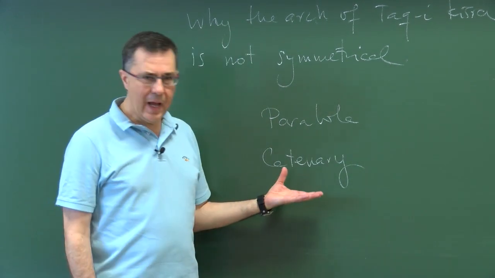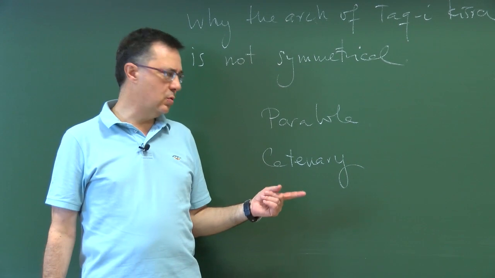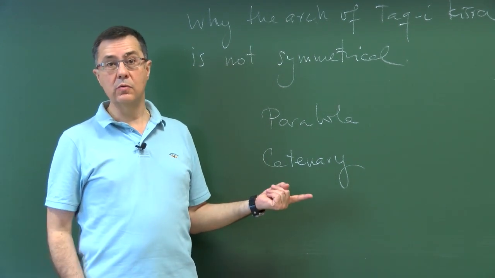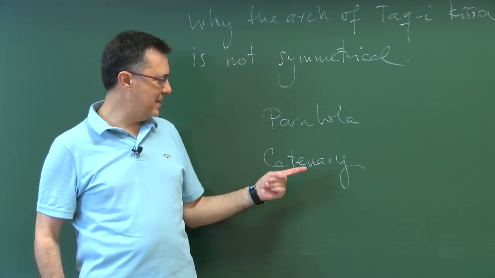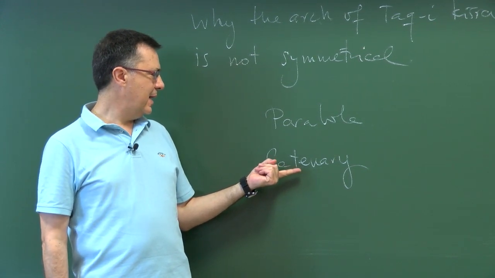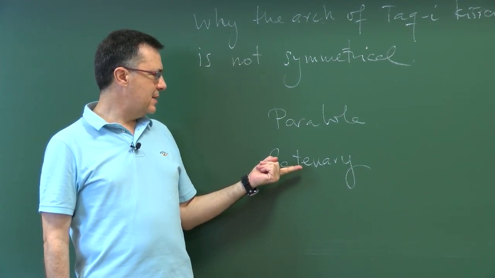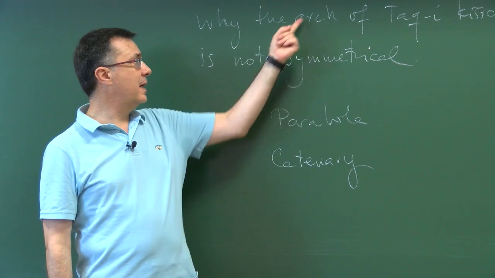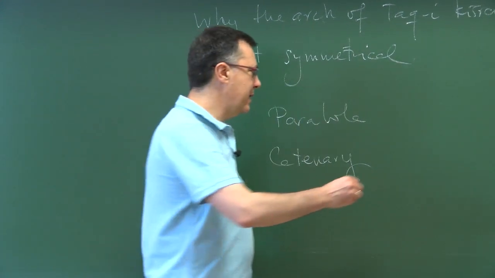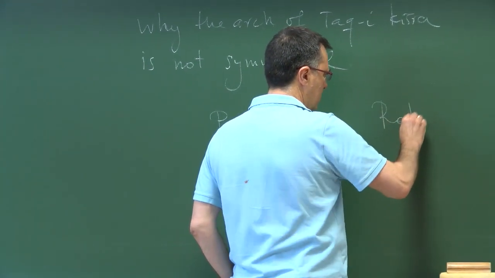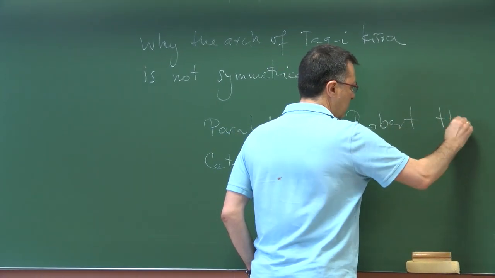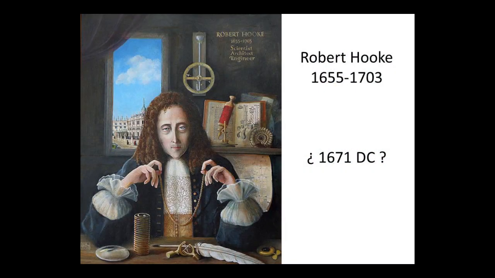So the big guy who understood, at least as far as we know before this explanation, the relation between the catenary and the arch is Robert Hooke. This English guy, proud of himself.